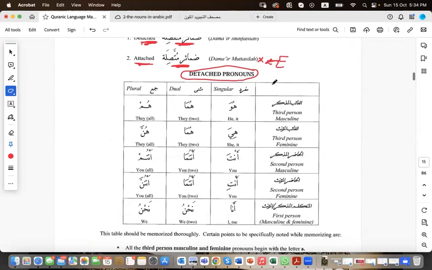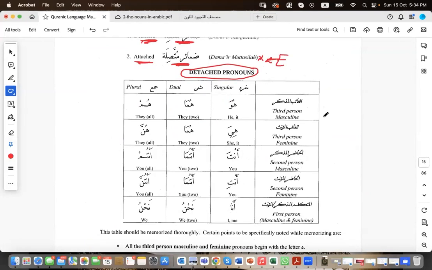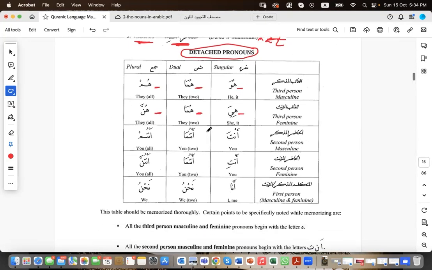So when it tells you here الغائب المذكر, that is third person and masculine. So again, third person masculine in the مفرد is هو, مثنى هما, جمع هم. طيب third person feminine الغائب المؤنث, هي singular, that is she, هما again for the dual, هن, that is they all, but is feminine.